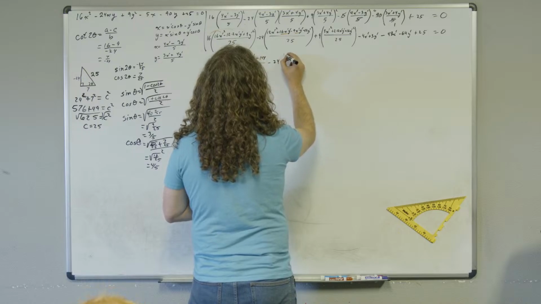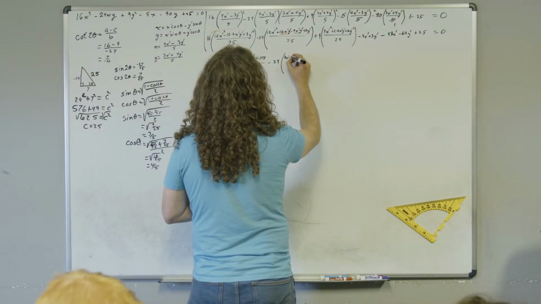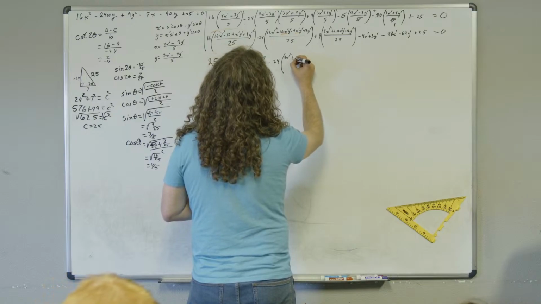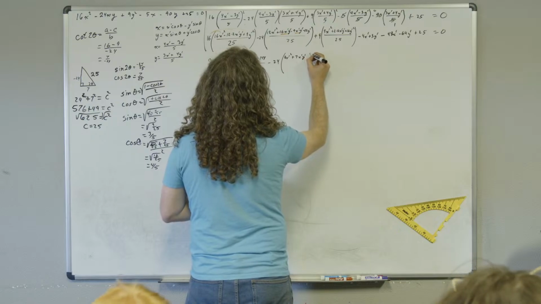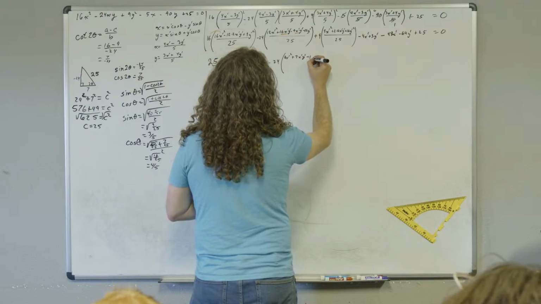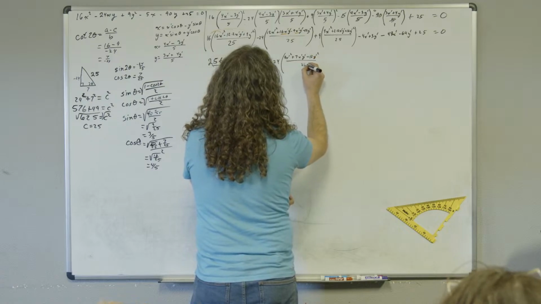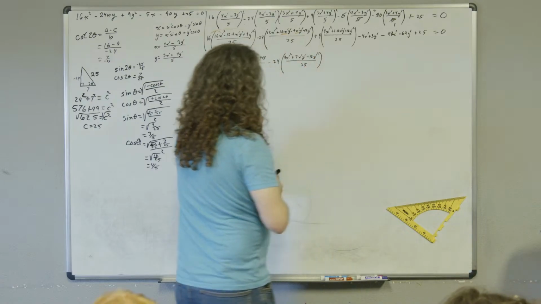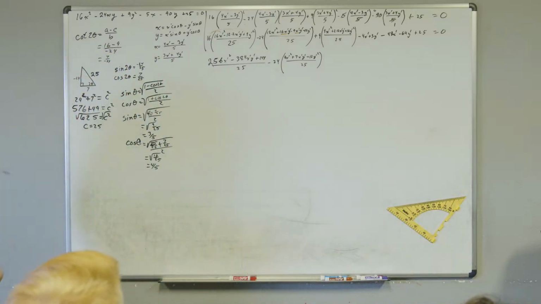Minus 24 times 12x prime squared plus 7x prime y prime minus 12y prime squared over 25. Why didn't we distribute the 20? Because I didn't want to combine like terms and distribute on the same step.